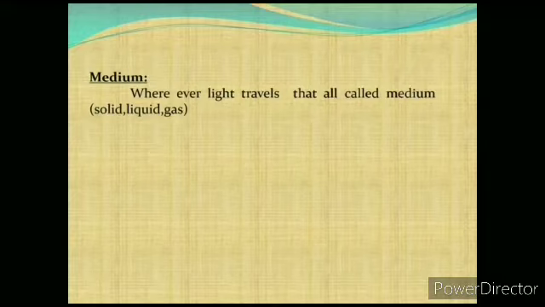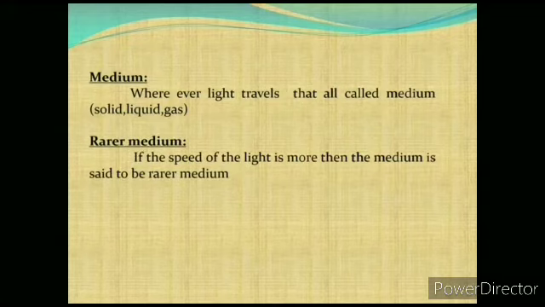Example, light travels in glass. If light travels in a liquid, the liquid is also called a medium. Example, in water, light travels. If light travels in gas, then gas is also called a medium. That means wherever light travels, all of that we call a medium.